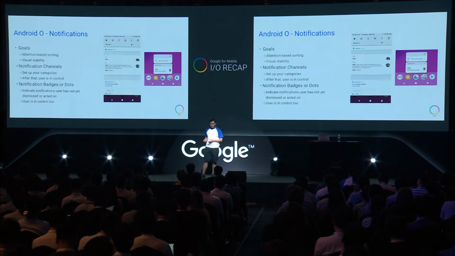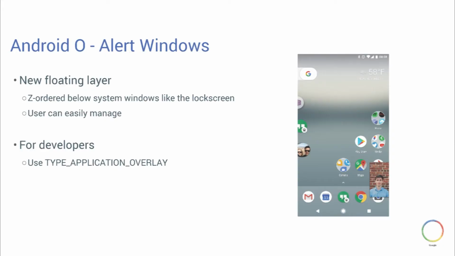The next feature that may have an impact on your application is related to the system alert window. Starting in O, as a developer, you will no longer be able to use the system alert window. We added a new type of window called type application overlay.